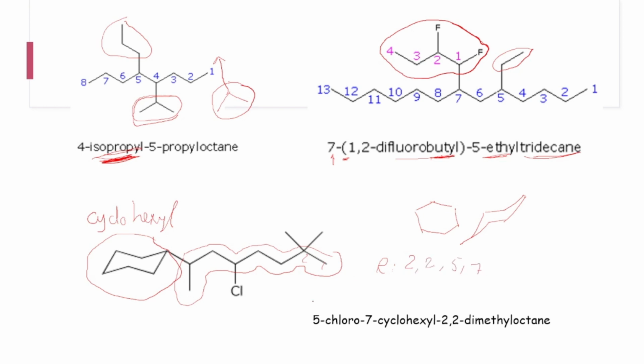If I start from the left hand side, I will have 2-cyclohexyl and 4-chloro. So I will have 2, 4 and 5, 6, 7 dimethyl. So it's very clear that if I start the numbering from the right hand side, it will have the least possible number, because here we have 7 and 4 and 2.